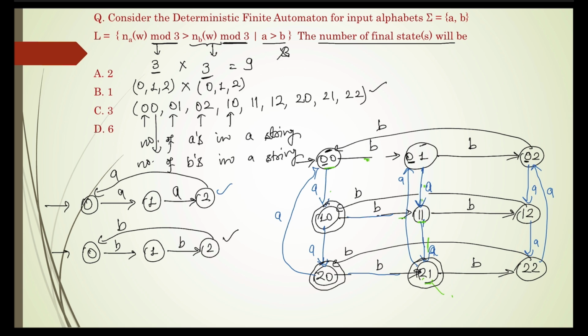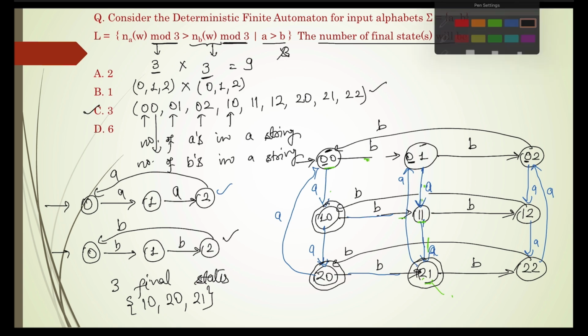So in this way we will have 3 final states, which will be 1 0, 2 0 and 2 1. So the correct answer will be 3.